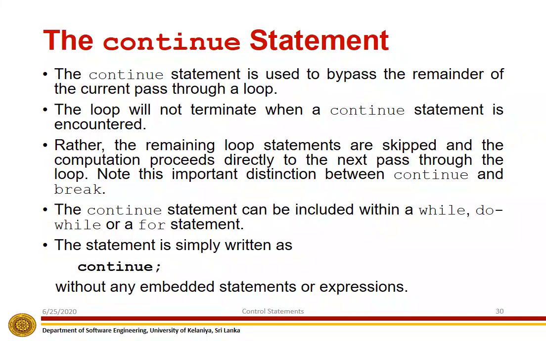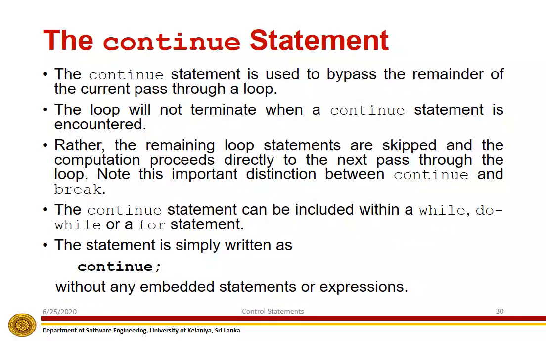Next, the continue statement. The continue statement is used to bypass the remainder of the current pass through a loop. The loop will not terminate when a continue statement is encountered. Rather, the remaining loop statements are skipped and the computation proceeds directly to the next pass through the loop.